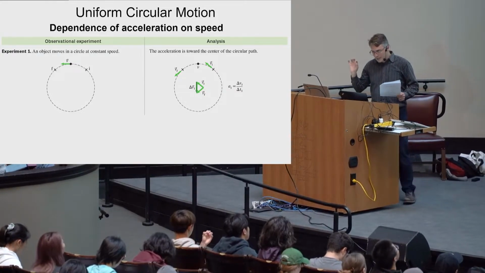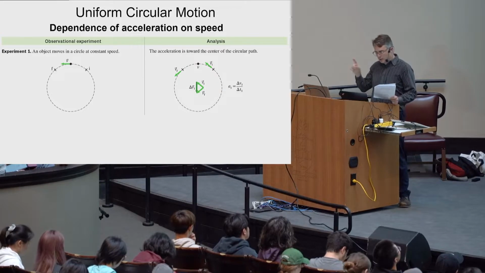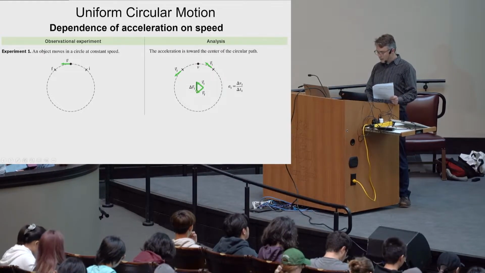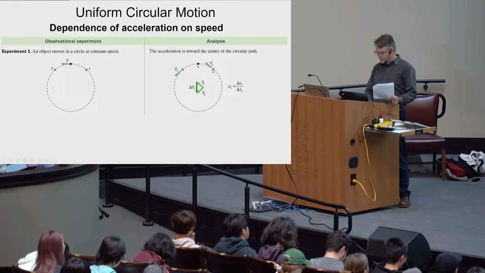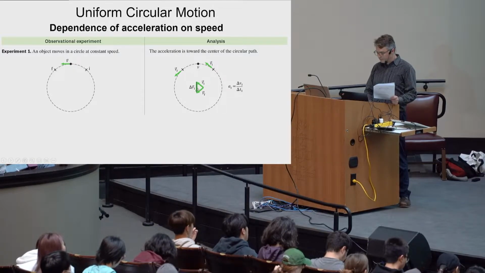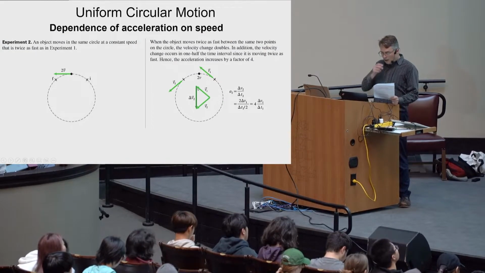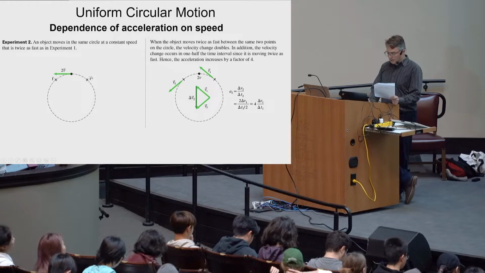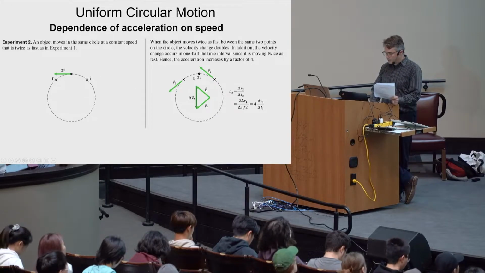Experiment 1 is that you've got an object moving in a circle at a constant speed, and so the acceleration is towards the center of the circular path. So if you look at this x and this x, that being initial and final, and you subtract final minus initial, you get delta v down like that. Now you take the same circle, but you double the speed.